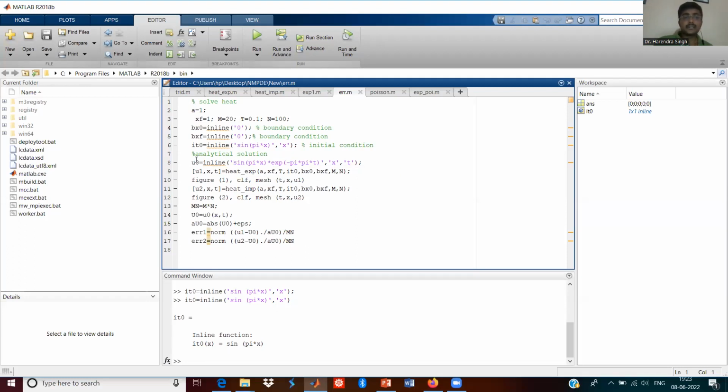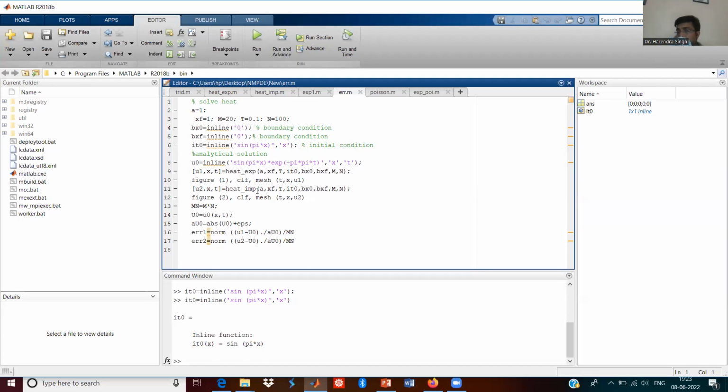So I have written it in inline function form. I have already explained. If you want to call some function, that is heat explicit, heat implicit, that is a functional program. But if you just want to call a function, then you can just use an inline function. That will be easy for calling the function.